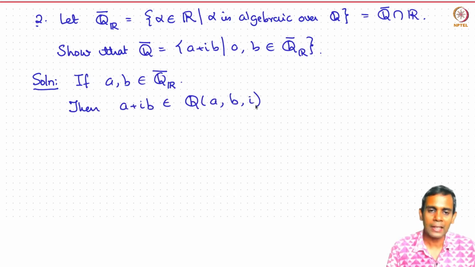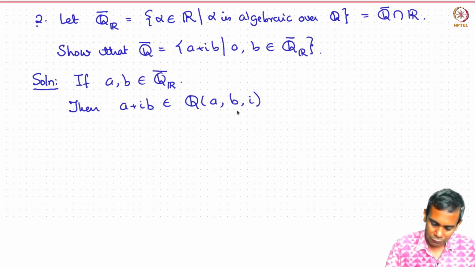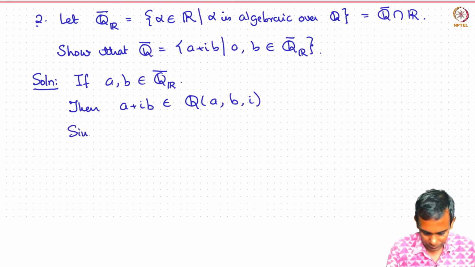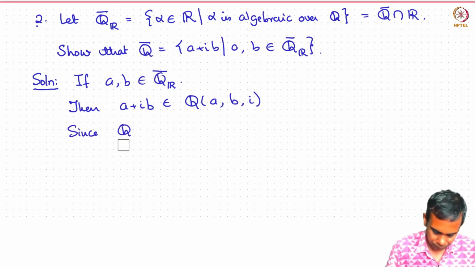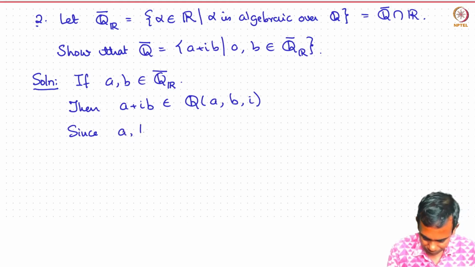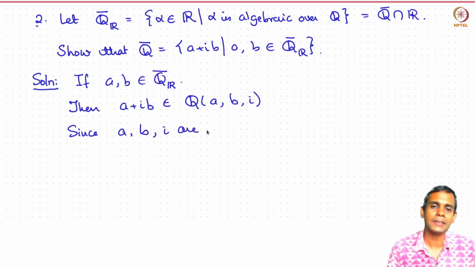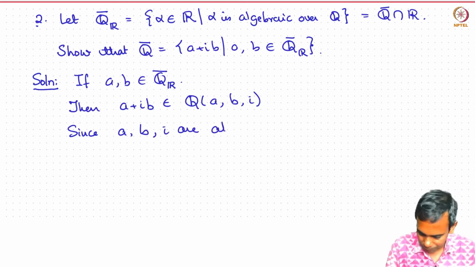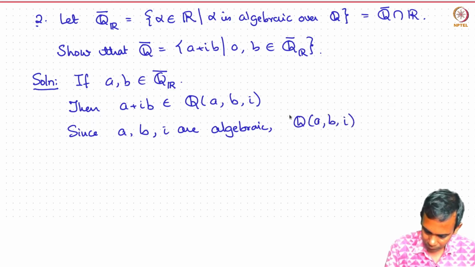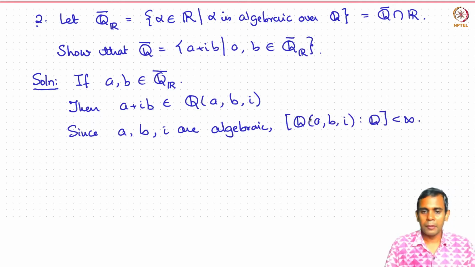But a, b and i are all algebraic, so this is a finite extension of Q. a and b are algebraic because they're in Q bar R. i is algebraic because i squared is -1. If you're not sure why this is true, I would suggest you work it out.